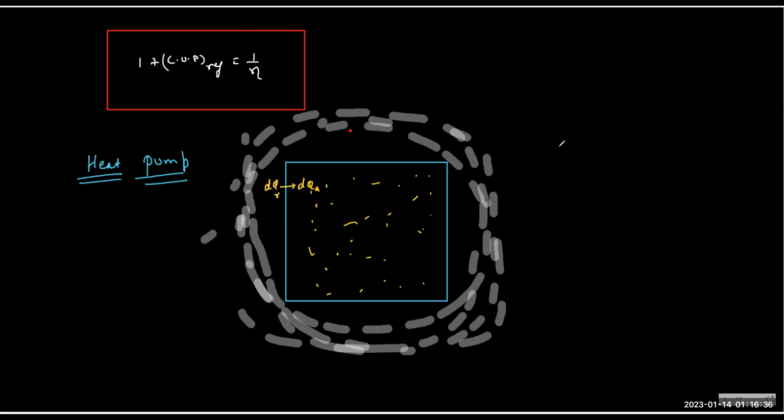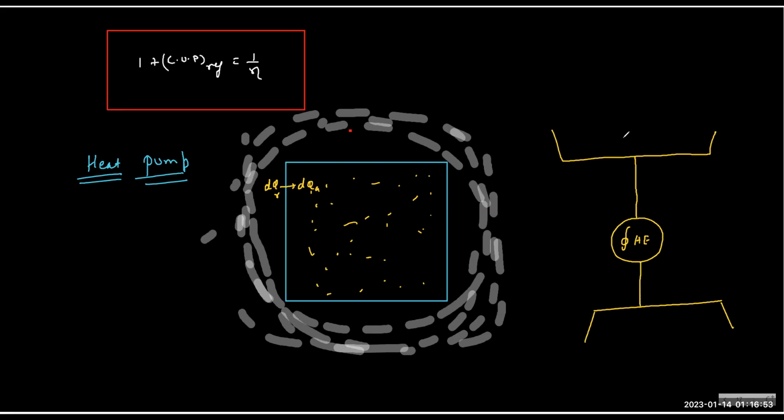So if you design the heat pump, do you live in a high temperature or low temperature region? High temperature region, sir. So your room is at high temperature, so you live in the source.